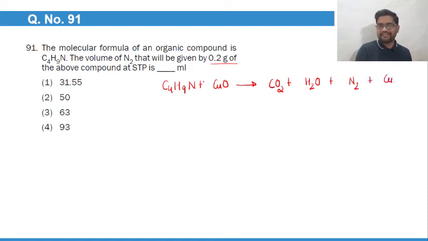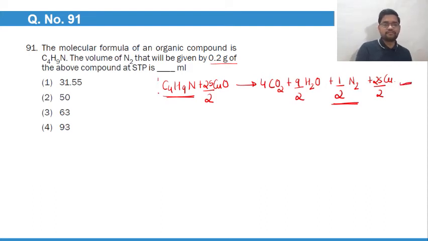To balance this, I directly remember the balancing part, so that's why I'm doing it directly, but you can balance it on your own. Even if you don't remember the balancing, it's not required, it's very simple. This is with respect to the book.